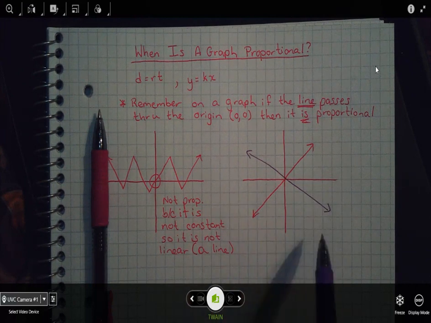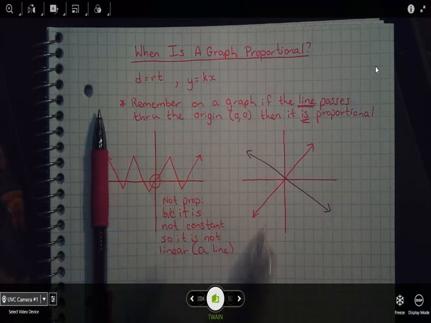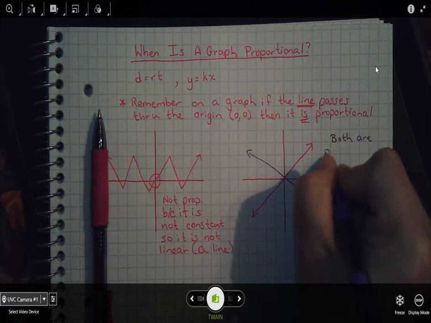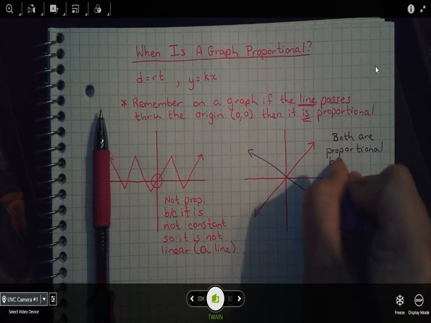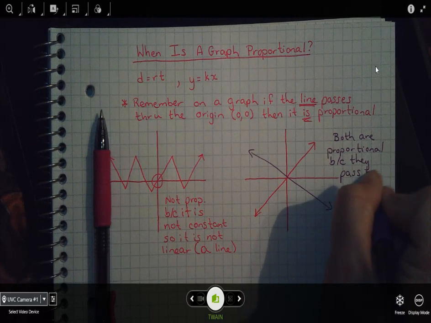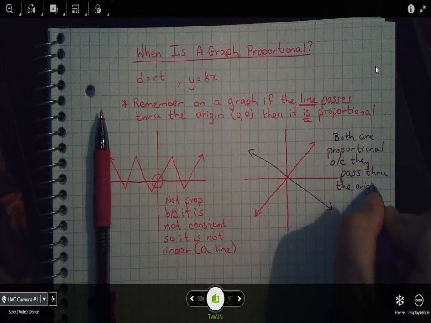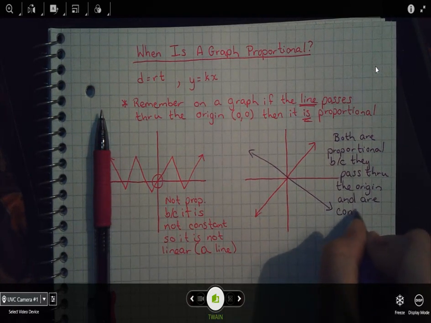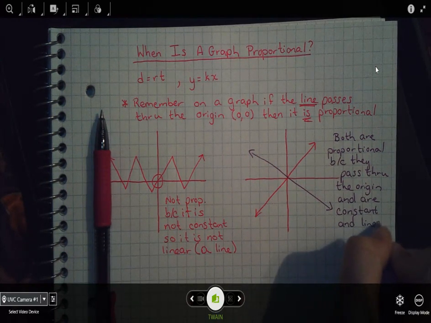So both of these are proportional. They're also linear. So both are proportional because they pass through the origin and are constant and linear. Okay?